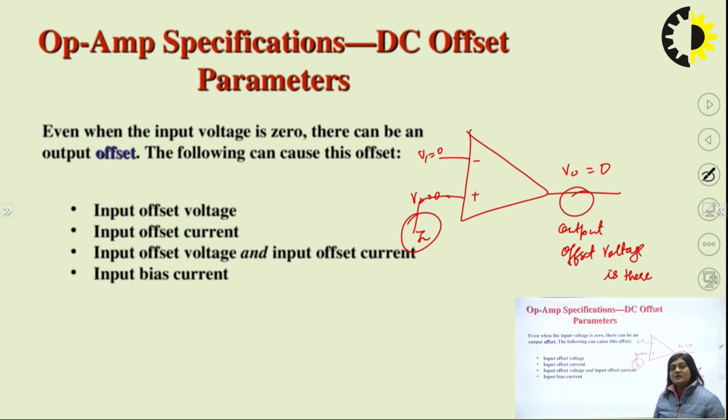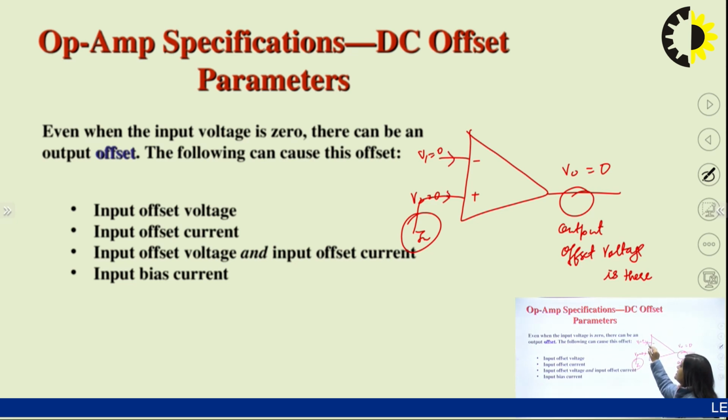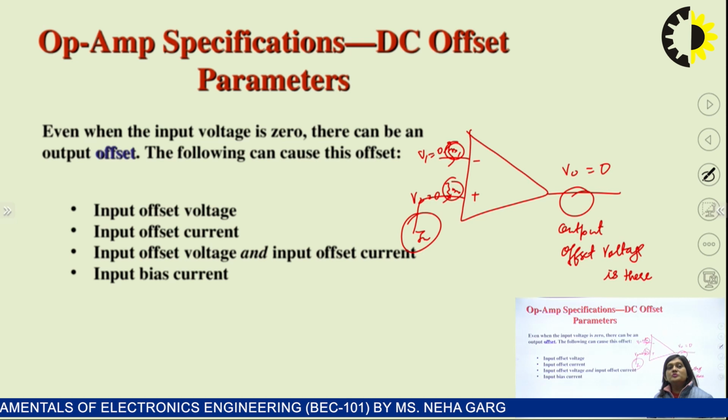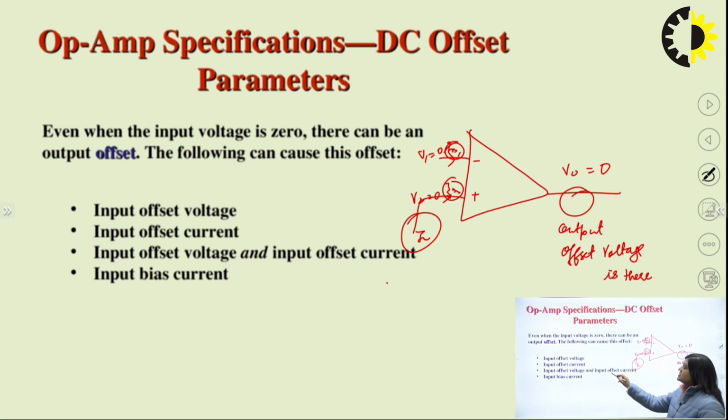If they are mismatched, the current will be different. This IB1 and this IB2 must be the same. If there is a difference between both the currents, there will be an input offset current, and due to this input offset current, there will be an output offset voltage. So the output offset voltage is developed due to the input offset current and input offset voltage.